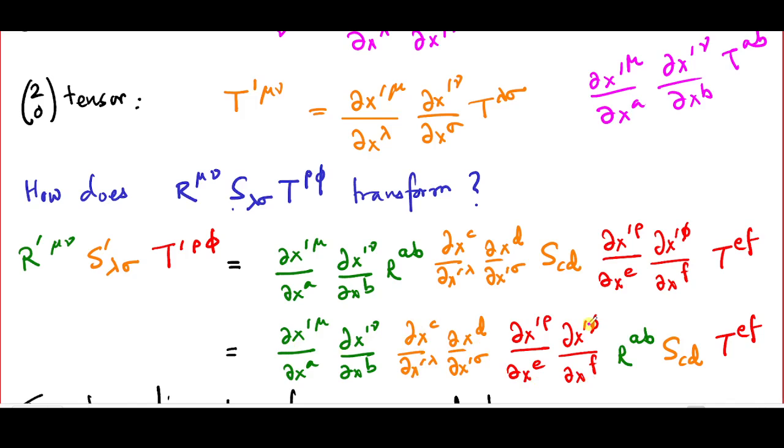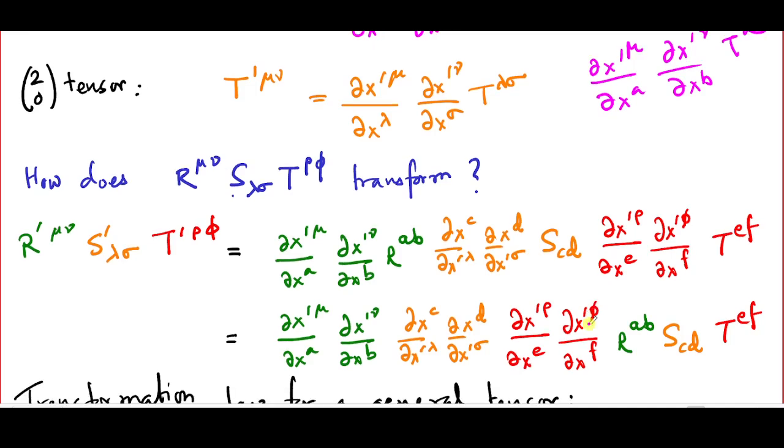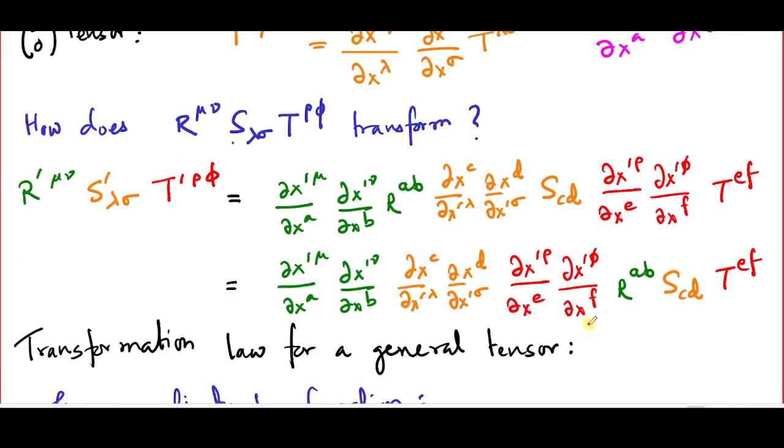Upper indices correspond to vector transformation factors, lower indices correspond to covector transformation factors. And this should give us enough practice in understanding how a general tensor would transform.